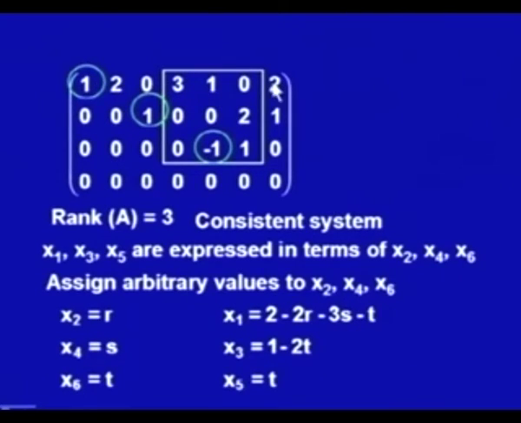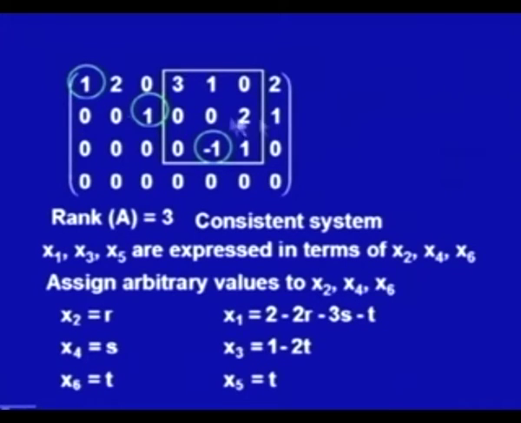So, from the first equation I am writing x1. In fact, I am using the first equation for x1, and the second equation is used for expressing x3. So, x3 is equal to 1 minus 2t. This is x6 and x6 is equal to t, that is what I have assigned here.